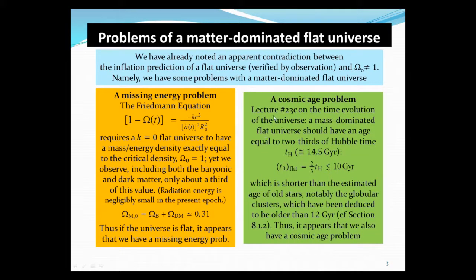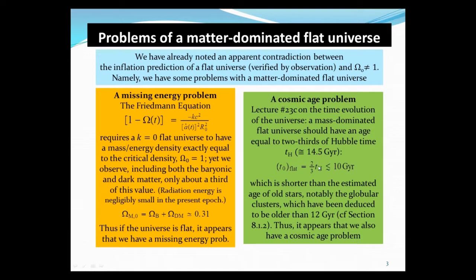Actually, there's another problem. In lecture 23, we talked about the time evolution of the universe. For a matter-dominant flat universe, we should have an age equal to about two-thirds of a Hubble time, and the Hubble time is about 14.5 billion years.